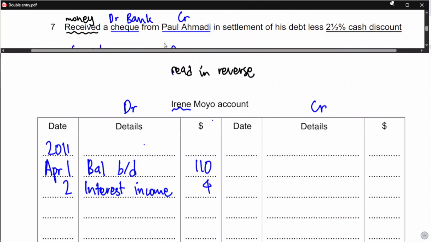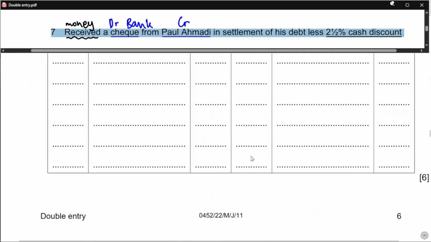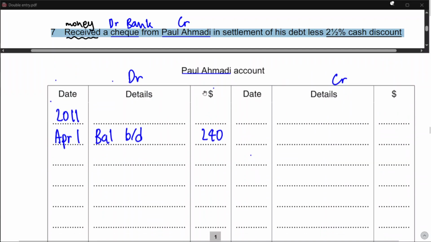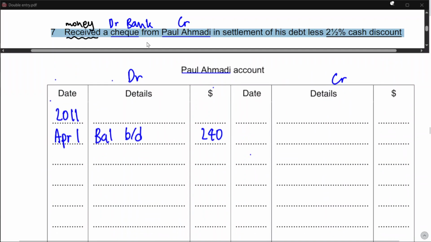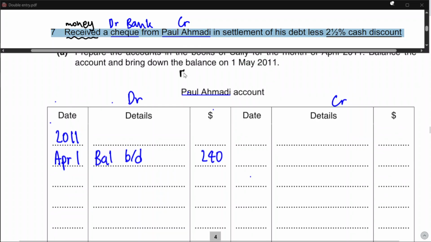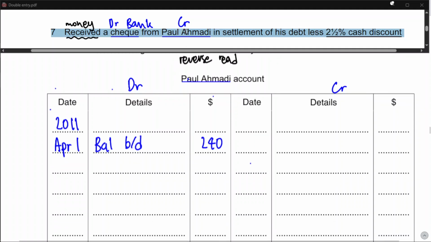Now let's go to the next line. Last time is debit bank credit Paul. Now I want you to read in reverse. So credit bank, credit bank.